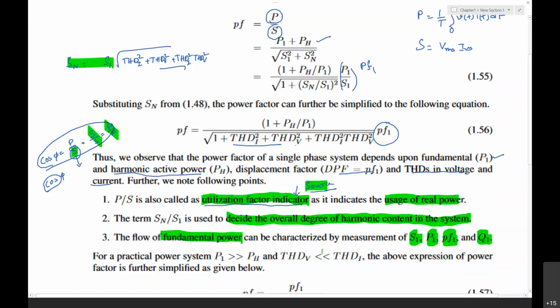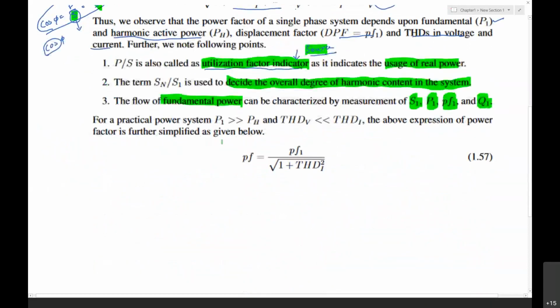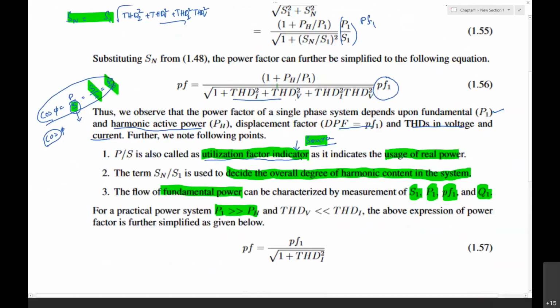And we are going to make some further assumptions. One of the assumptions over here is that P1 is much greater than PH. Then with this equation 1 plus PH by P1, since P1 is much higher, this term will be neglected.